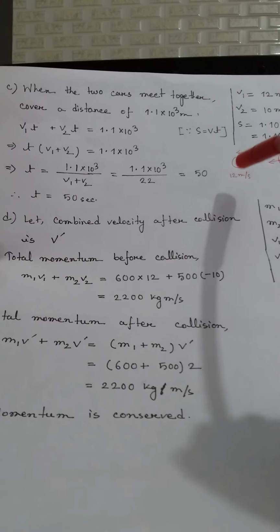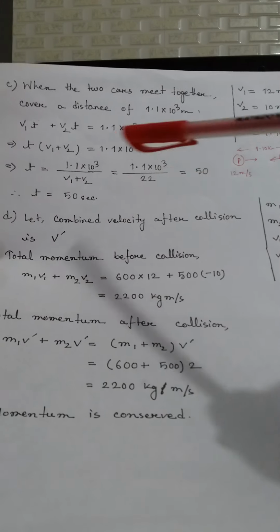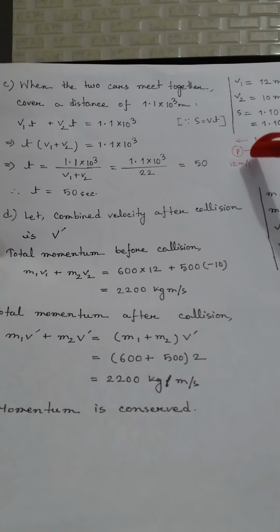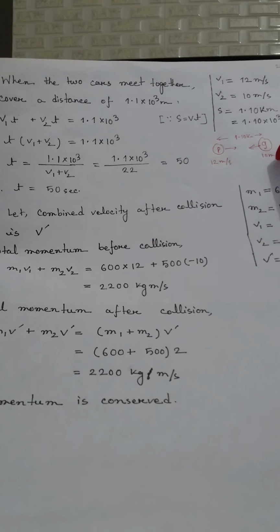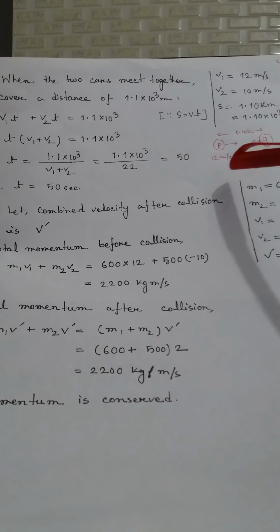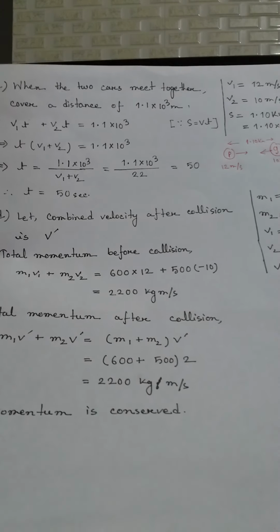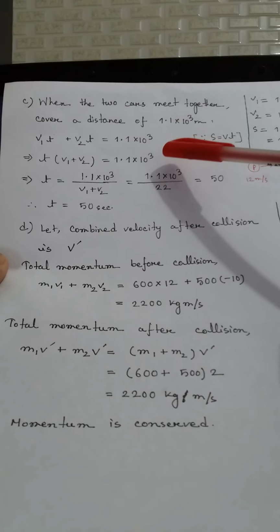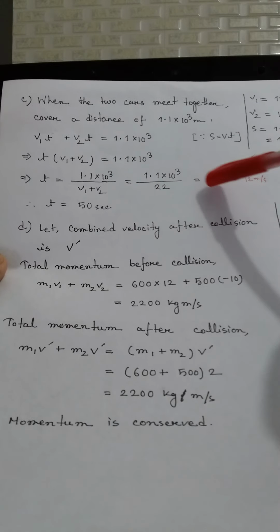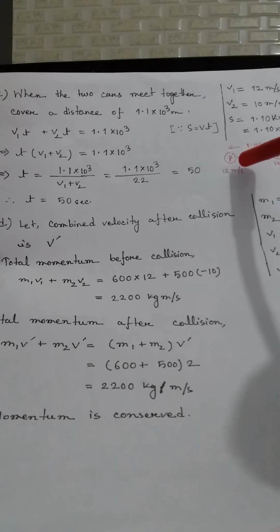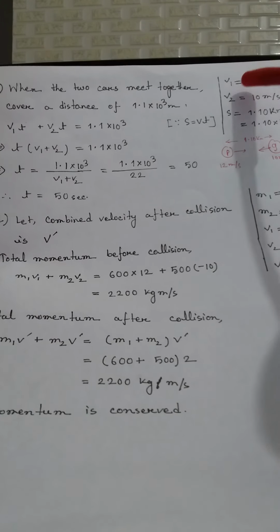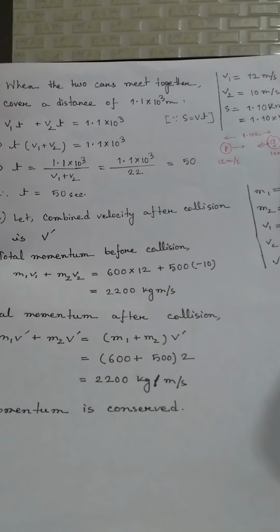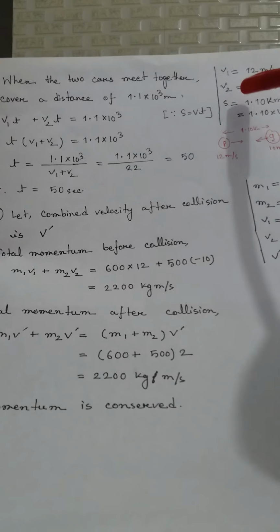You can do the calculation in a separate way. That means you can separately measure the distance covered by P and the distance covered by Q, then add them together, or you can follow it in a single step. For example, the velocity of P is V1, and let's assume the velocity of Q is V2.